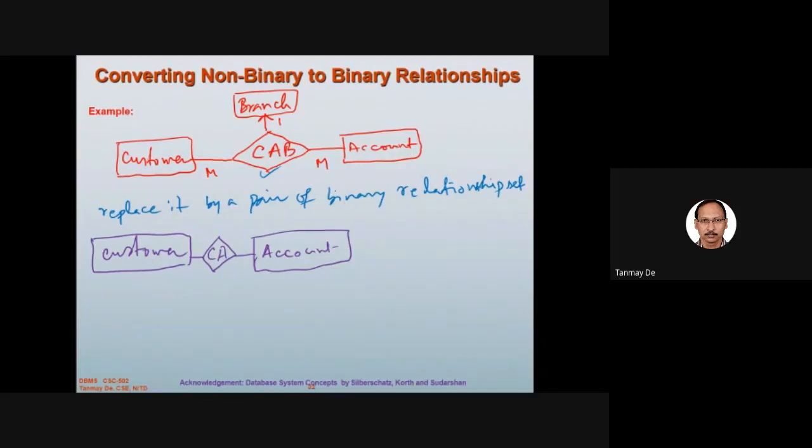And account is related with the branch by another relationship, say account branch. That is, we convert this. Say this is figure 1. Say this is figure 2.